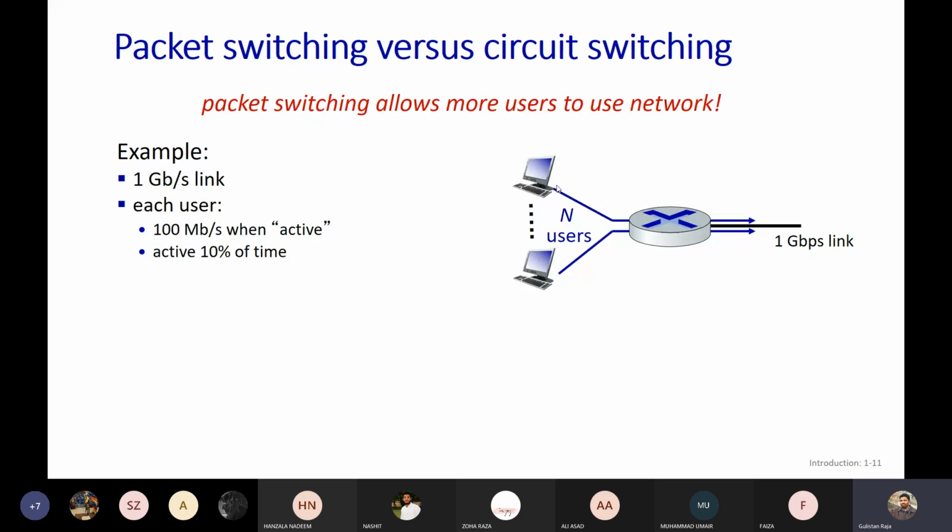Now we are assuming that each user will be active 10% of the time, and it will get 100 mbps when active, because bandwidth is shared.